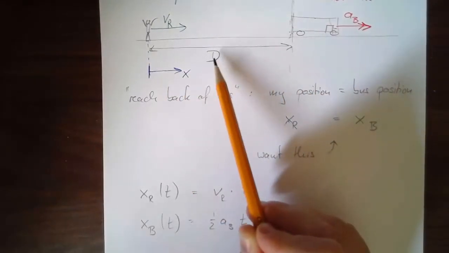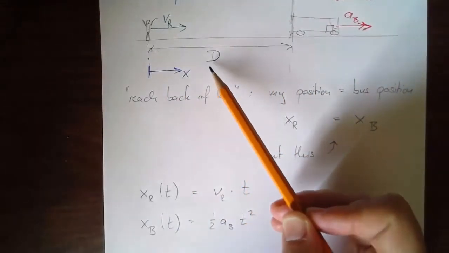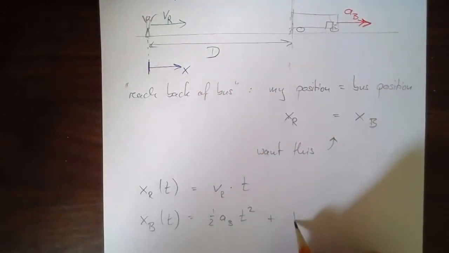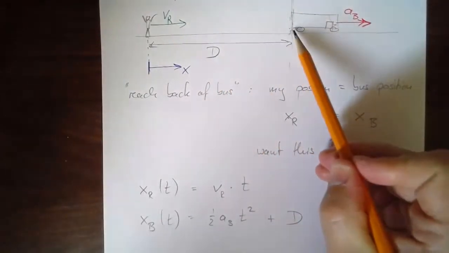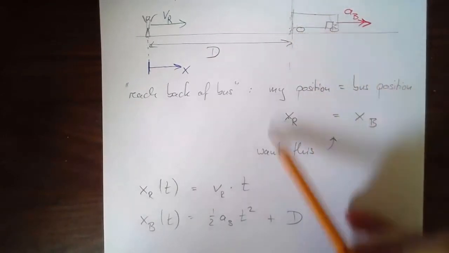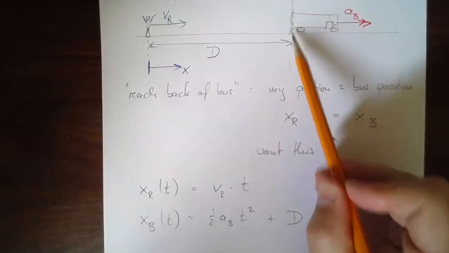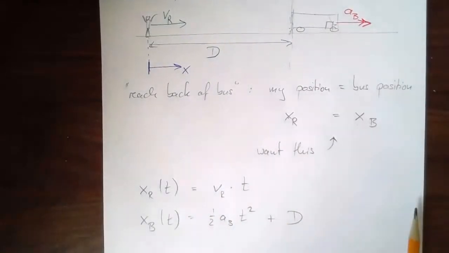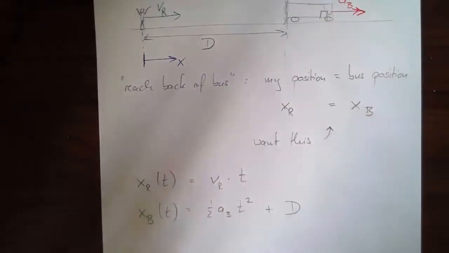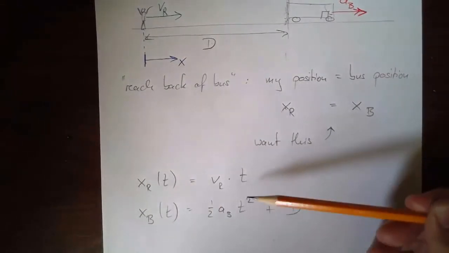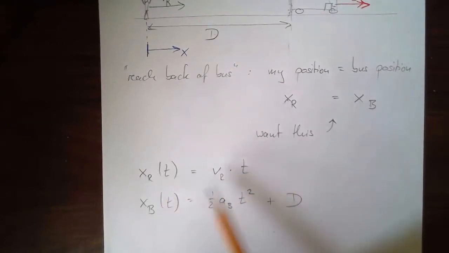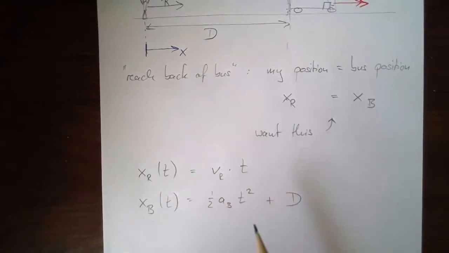I don't know what the value of d is. In fact, it's not given in any sense, but I have to add it to the position. That's where it starts, and then after 1 second, it'll be there, plus however far it has moved due to its acceleration. Okay, so I've made sense of what's going on, and that alone allowed me to write down the necessary equations.